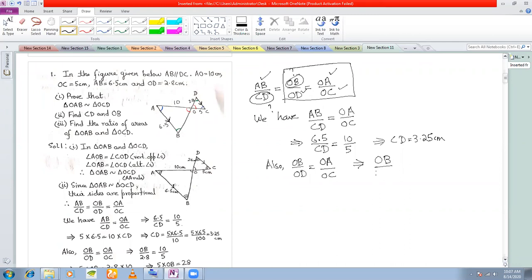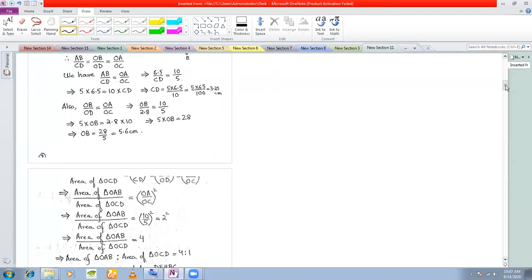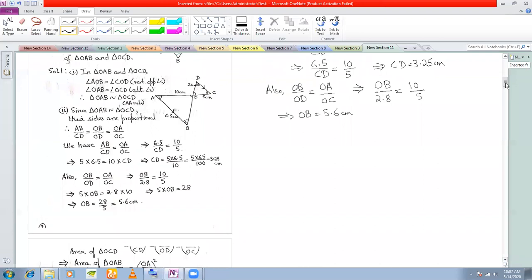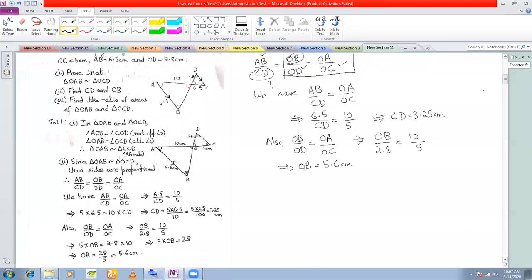OD is 2.8, OA 10, and OC is 5. So you find out OB from here. OB you find out to be 5.6 centimeters. Okay. So question answered, first and the second. Next question is, find out the ratio of areas of triangle OAB and OCD.